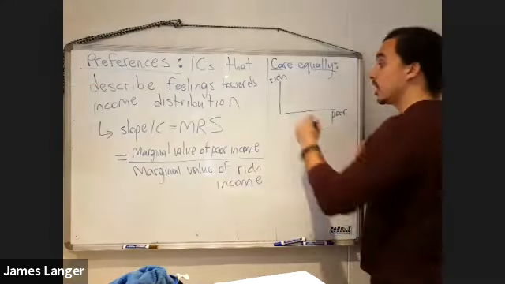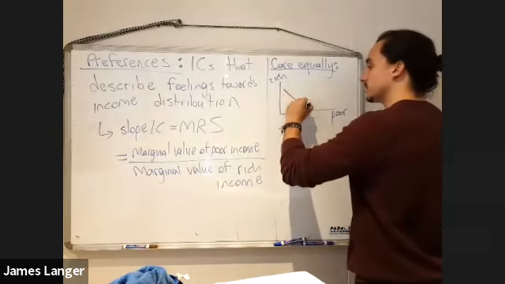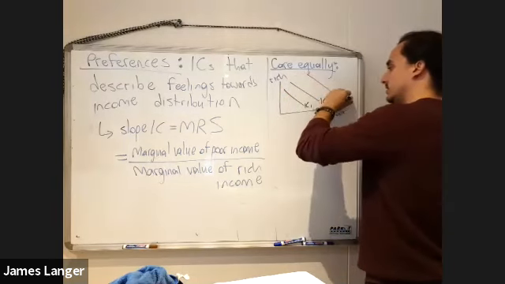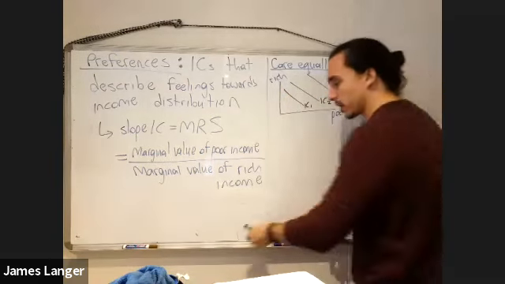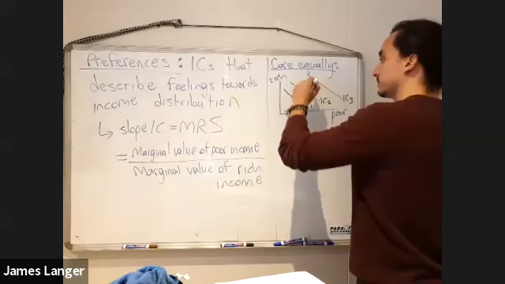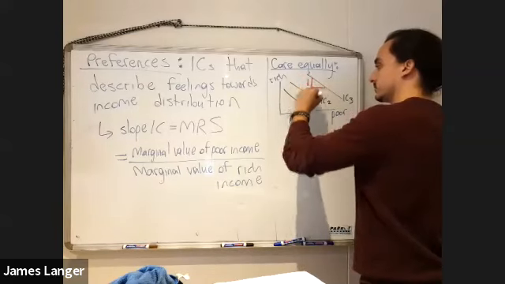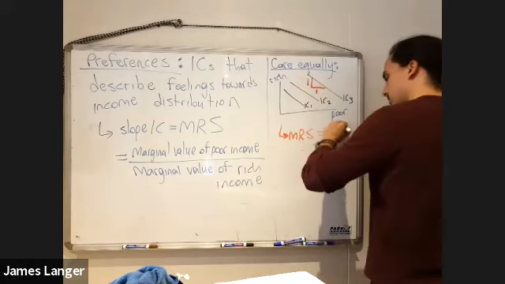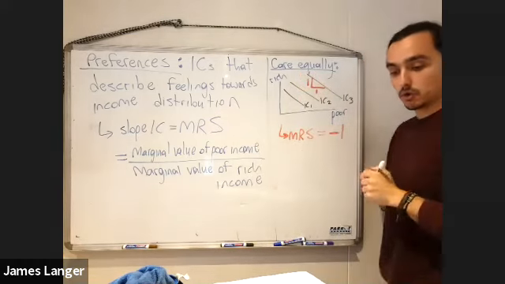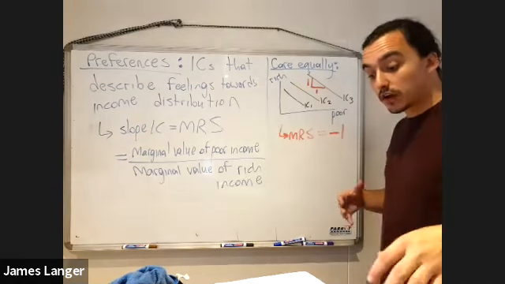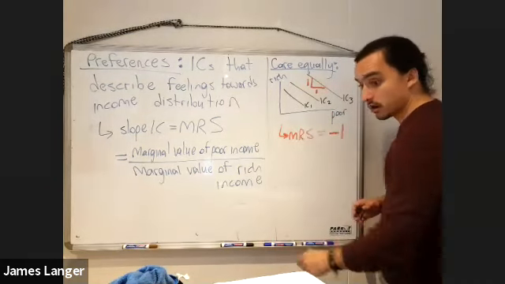We're going to see that along my indifference curves, I see 1, I see 2, I see 3, and we're going to have a slope of -1. The MRS is equal to -1.